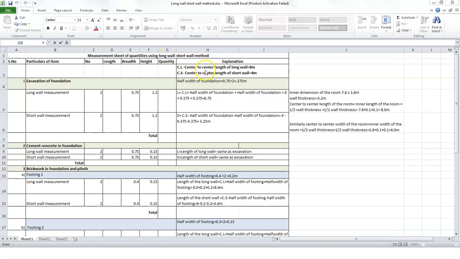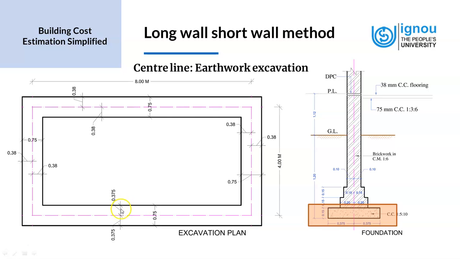The center line is the center to center length of the long wall, which is 8 meters as we saw, and the center to center length of the short wall is 4 meters. For excavation of the foundation, the half width is 0.75 divided by 2, which is 0.375, here and here.